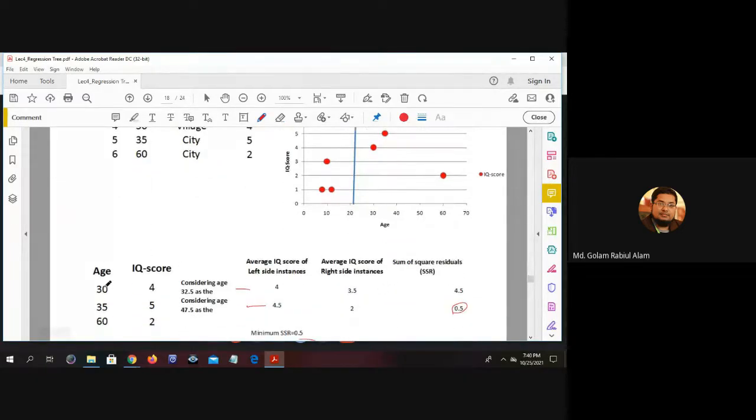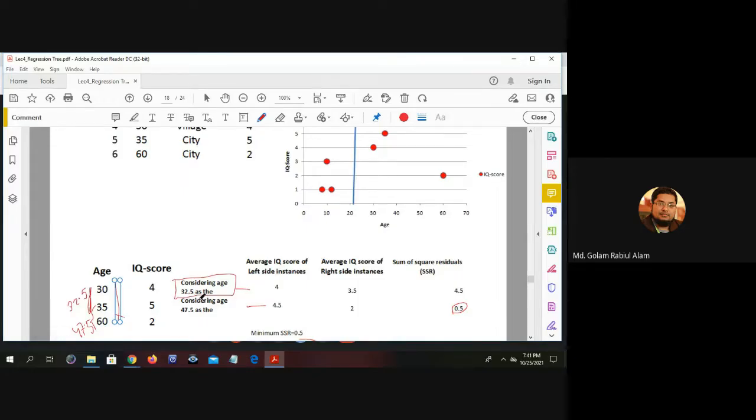Like here, considering the age, already sorted here. In this case, the average of two consecutive numbers will be 32.5, and the average of these two consecutive numbers will be 37. So now considering age 32.5 as the separator, what will be on the left side?